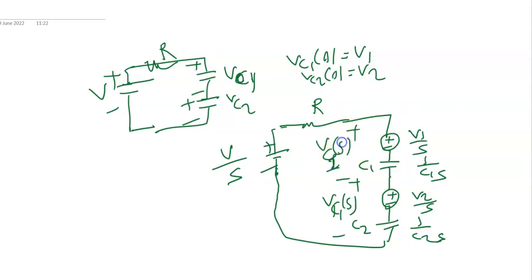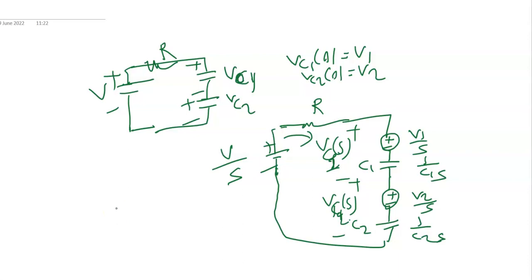This is your Vc1(s), and this is your Vc2(s). And do the analysis, you will find an algebraic equation, then do the partial fraction, then look at the Laplace transform pair table, and then find the time domain.